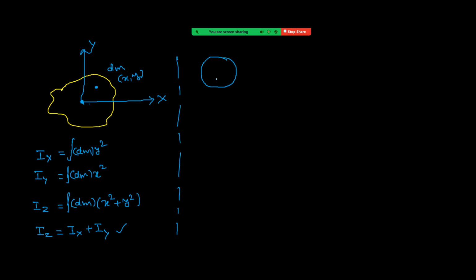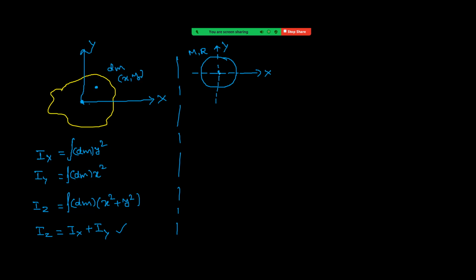Just now we have discussed a uniform ring, its mass is M and radius is a. Let us take this as the x-axis, and this as the y-axis. The z-axis is normal to the plane of the ring.